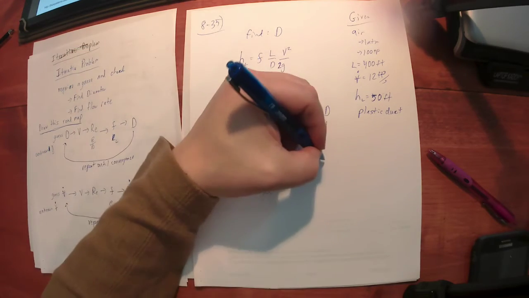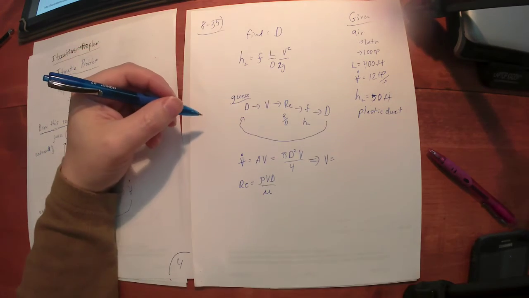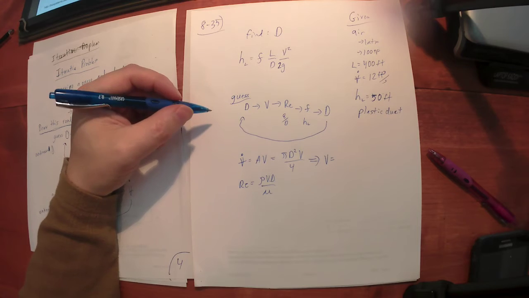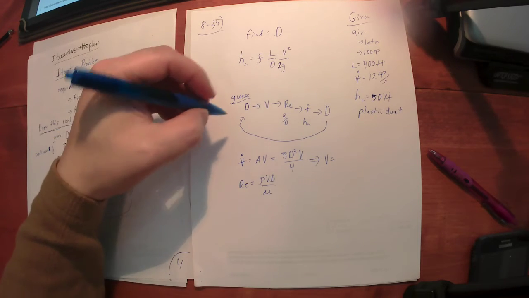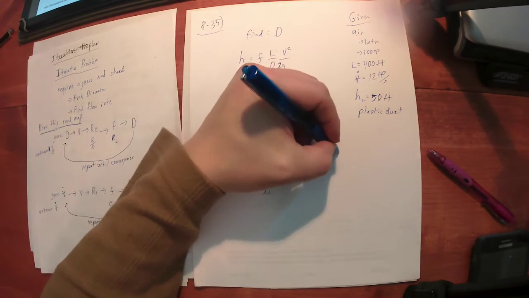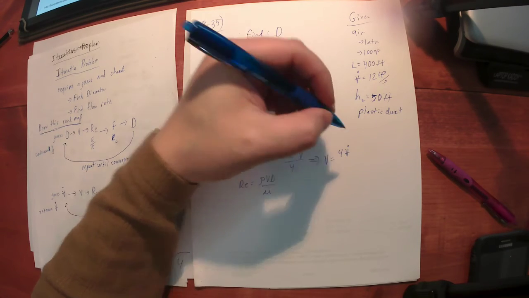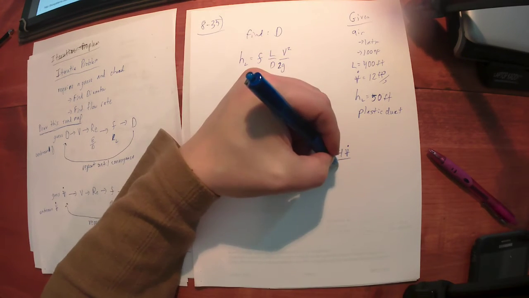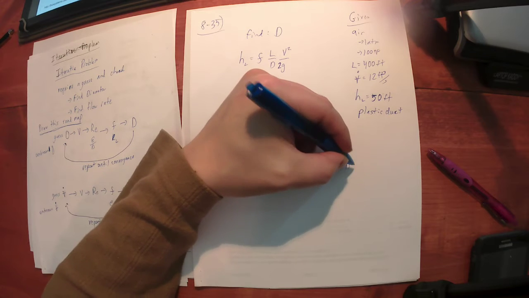So that means that the speed, if I put speed as a function of this unknown diameter, is going to equal 4 times the volumetric flow rate divided by pi times diameter squared.